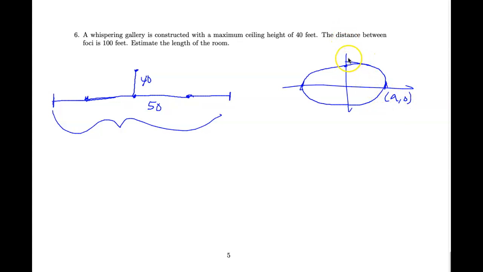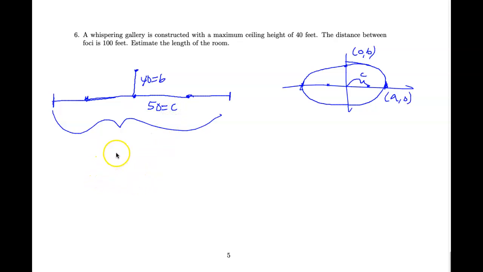The vertices on the minor axis are at B, and the foci, my picture is really not to scale, are at C. What we want to determine is the total length, and we just know A. To get the whole length, it's going to be 2 times A. So what we're seeing from our picture is that B is 40 and C is 50.